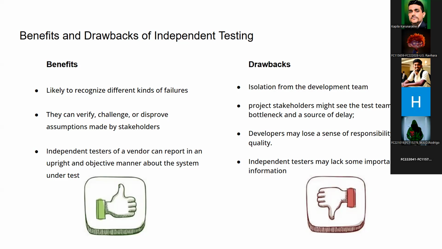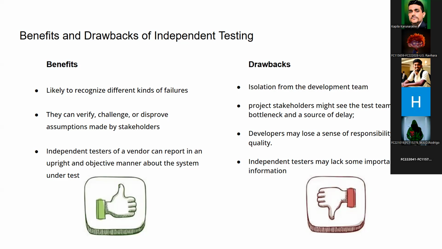Right now we are in an Agile development methodology, so we need a lot of collaboration. But if you go too far with independence, collaboration will fail, and the testing or QA team gets isolated. That's one of the key drawbacks.